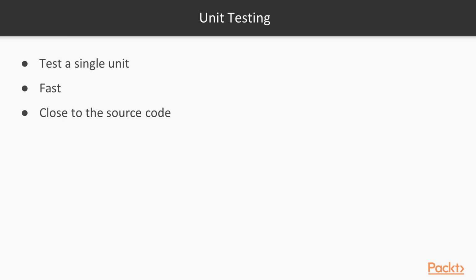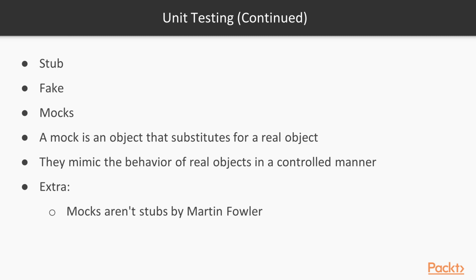It is really fast, not just to run your tests, but also to test your code as well. And since you are focused on small pieces of your code and testing them, then it is really close to the source code too.